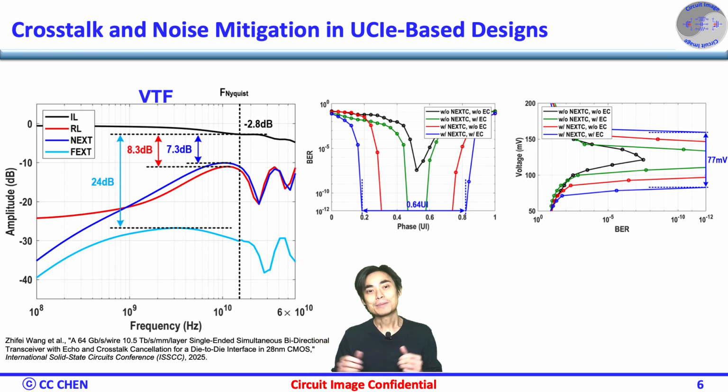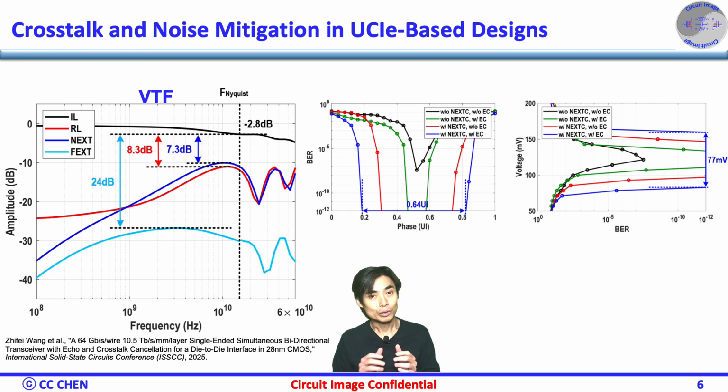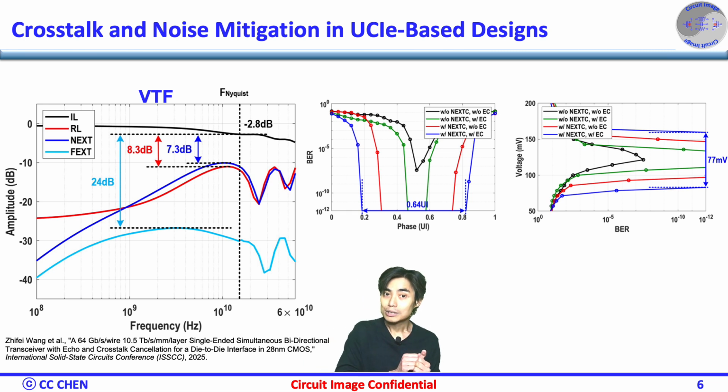A recent ISSCC paper from Peking University demonstrated how 64 gigabit per second bidirectional transceivers benefit from a 50% improvement in crosstalk suppression using VTF-driven channel optimization. Additional findings show that leveraging VTF to model dynamic power rail fluctuation allows engineers to mitigate transient crosstalk by integrating a more robust dynamic equalization system.